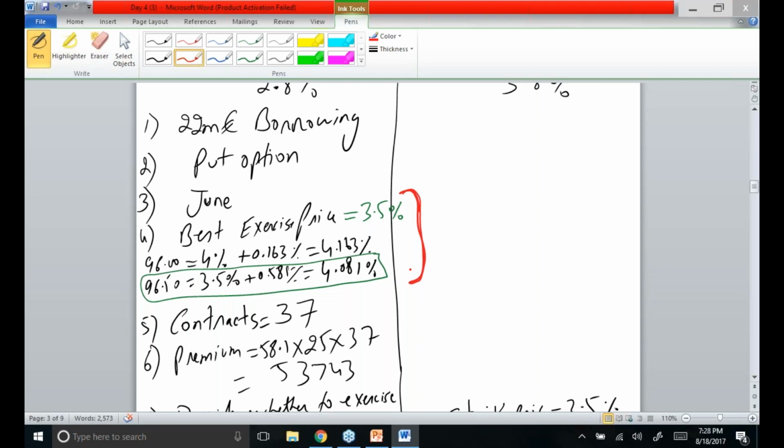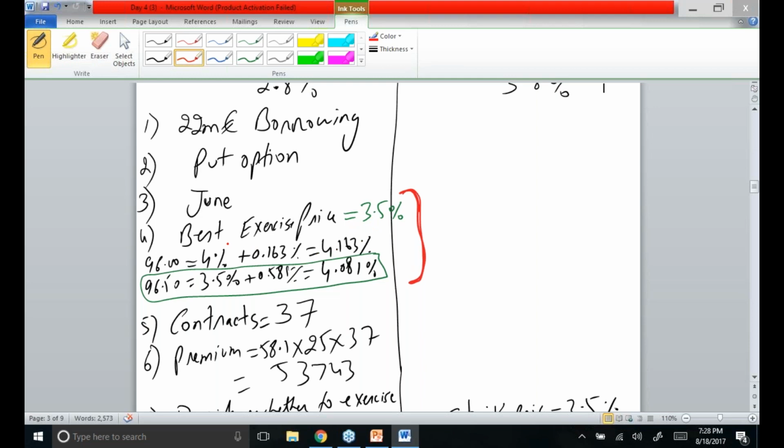If you want to solve it with all the available exercise prices, you can do it in exam. But obviously in exam, you will be short of time. So in that case, identify the best exercise price in step number 4 and explain the reason why you have chosen the best exercise price of 3.5.